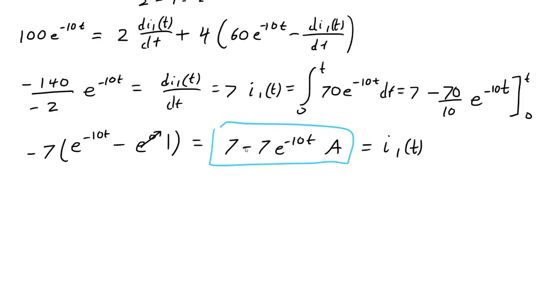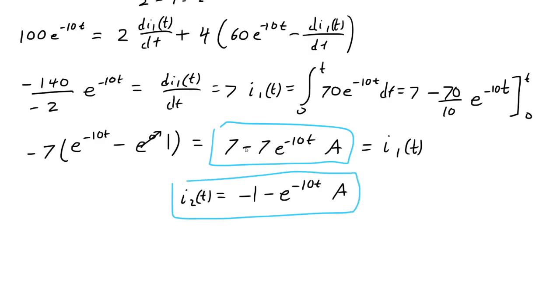Anyway, if we use KCL, I2(t) has to be the negative of that. So it'll be minus 1 e to the minus 10t amperes. So that's consistent with the known circuit behavior, and we've solved everything correctly.